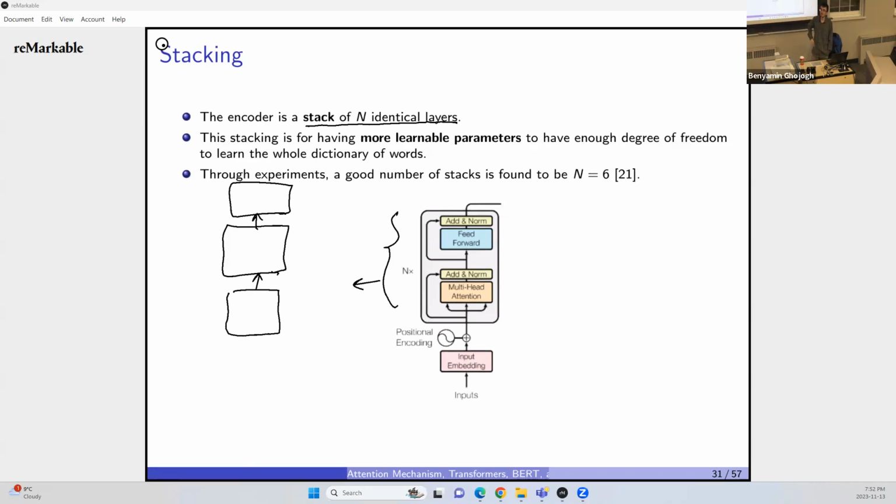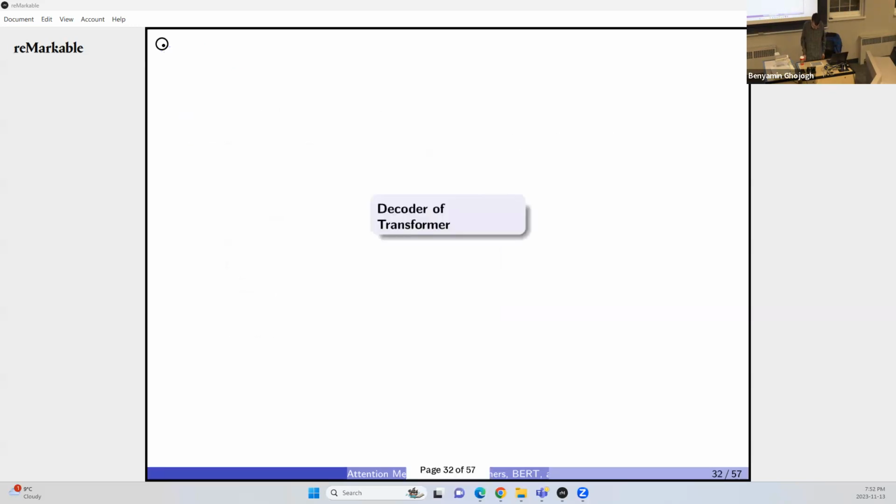Why do they do that? They want to increase the number of learnable parameters because they have a lot of data, internet data. Why not? Let's make the network big, to be able to learn. So more learnable parameters. And through experiments, they found that a good number of stacks is 6 in transformers. Okay. The encoder of the transformer is finished.